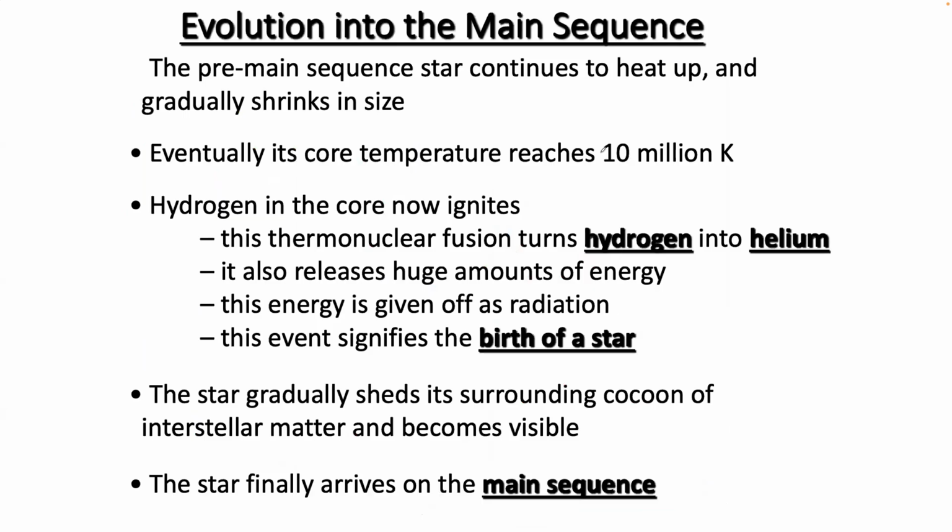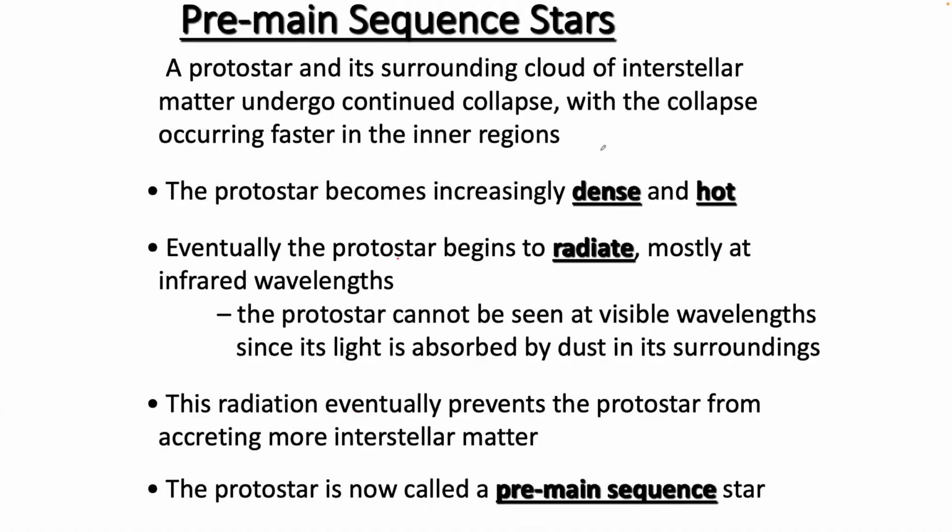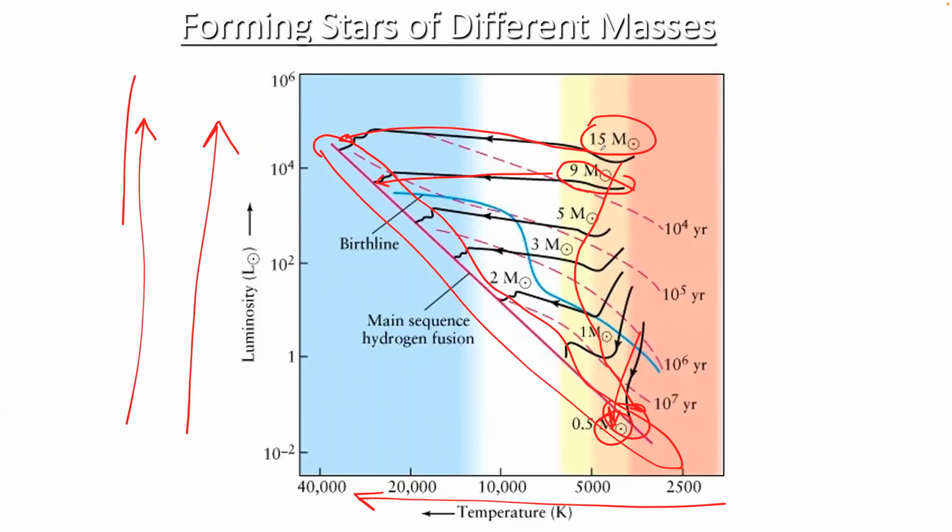And there is another thing to understand here: the number of years it takes to enter the main sequence, right? You can see that these huge high mass stars will take around 10 to the power 4 years to enter into the main sequence.